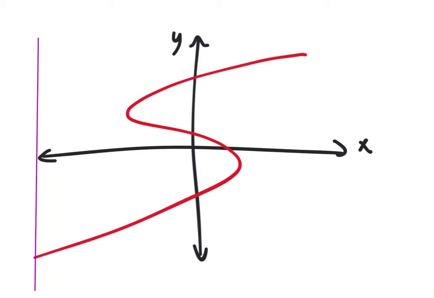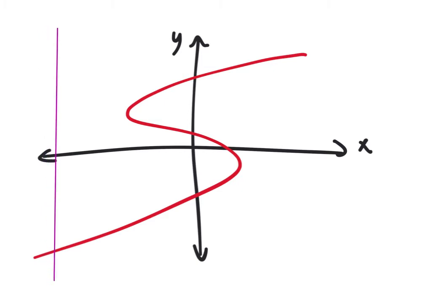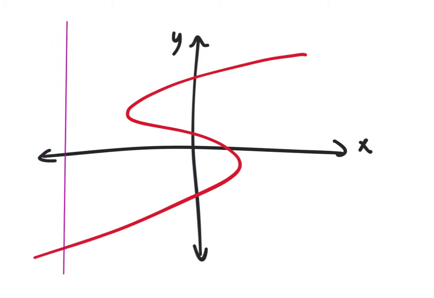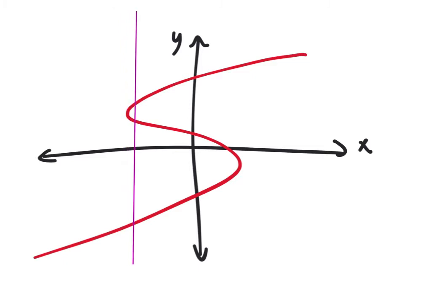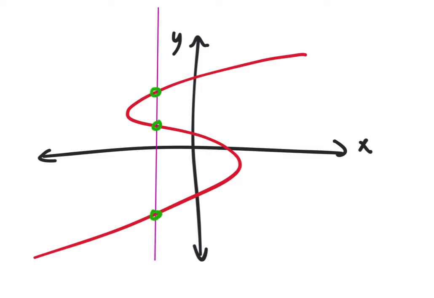And I'm scanning this, and here to the left, I see it's only touching once right there at the bottom. See that? But as I continue to scan, like let's go right here, you see now that it's touching the vertical line here, here, and here. So that's 3 different spots, right? Now, those 3 different spots that it's touching the vertical line means that it's not a function, okay?